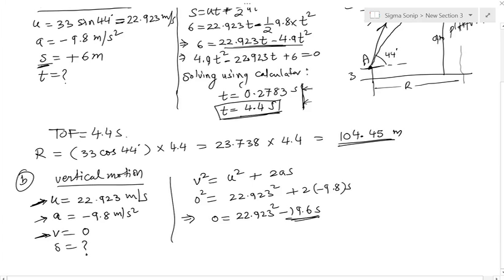I transfer this to the left side, and I get 19.6s equals 22.923 squared. That gives you s equals, which we get as 26.81 meters.